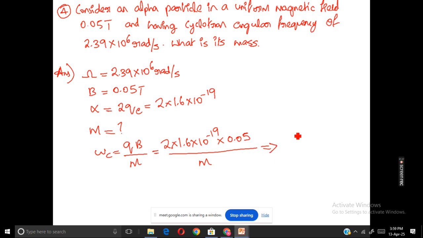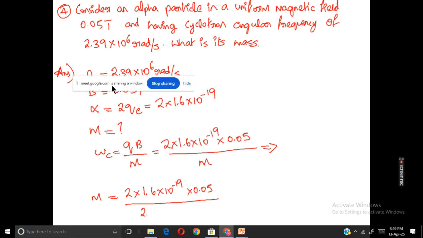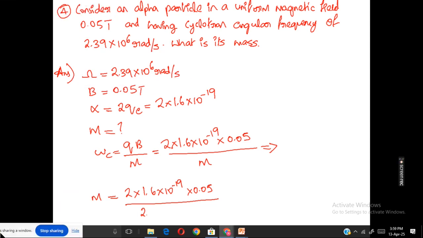We know the value of omega c, so we can write m is equal to 2 into 1.6 into 10 raised to minus 19 into 0.05 divided by omega c, which will be 2.39 into 10 raised to 6.